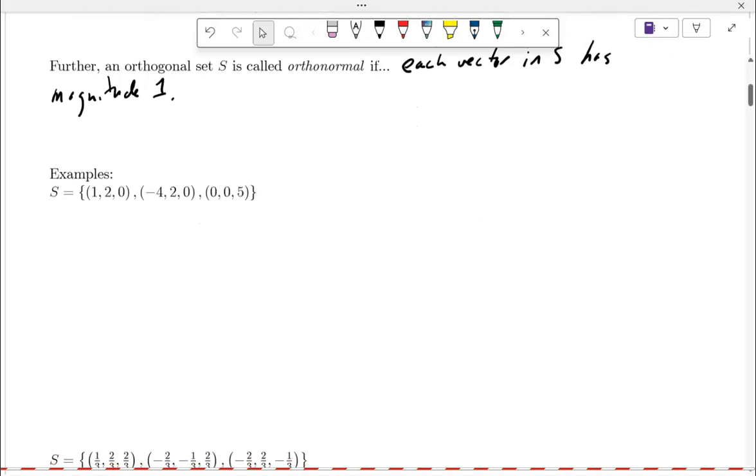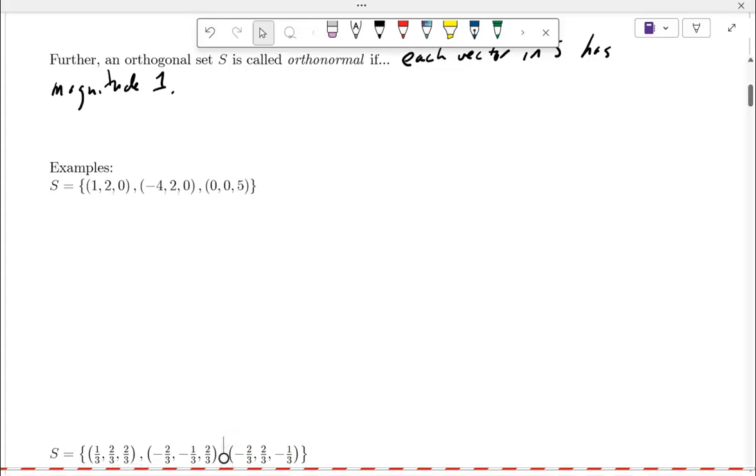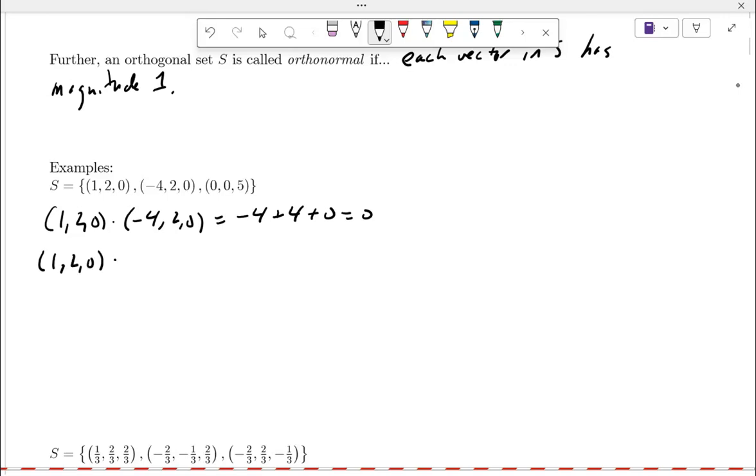To check that it is orthogonal, we're going to use the idea that the inner product is 0. So we'll take all the possible pairs of inner products here. If I do (1, 2, 0) dotted with (-4, 2, 0), I get -4 plus 4 plus 0, which gives me 0. Do the same thing with (1, 2, 0) and (0, 0, 5), and with (-4, 2, 0) and (0, 0, 5).